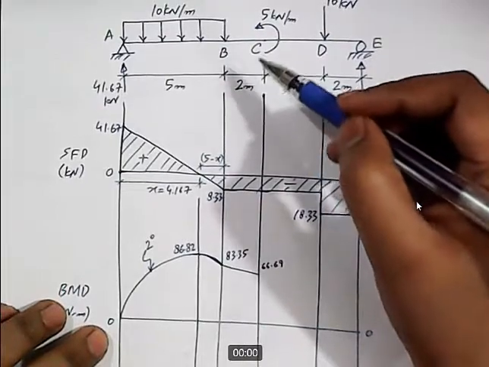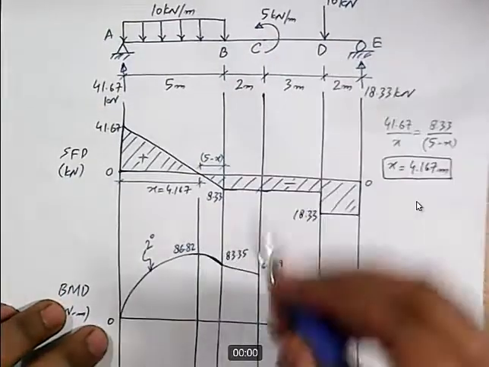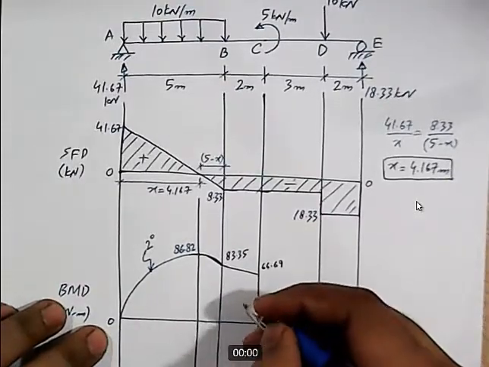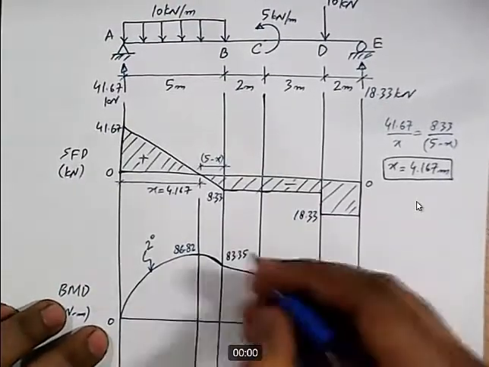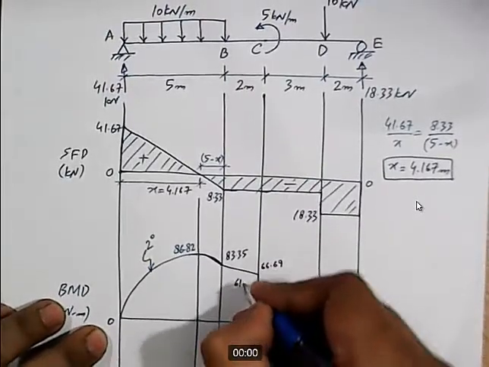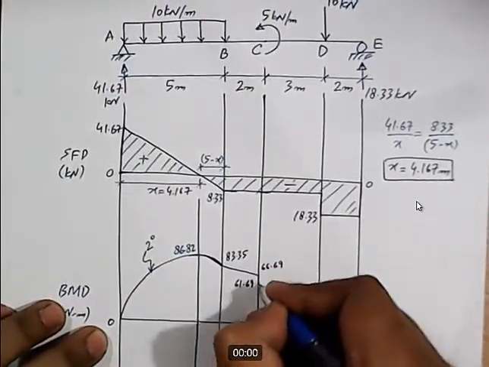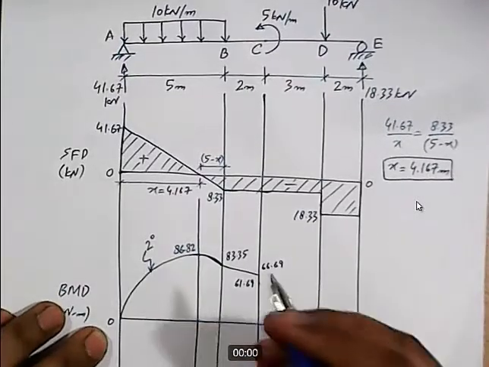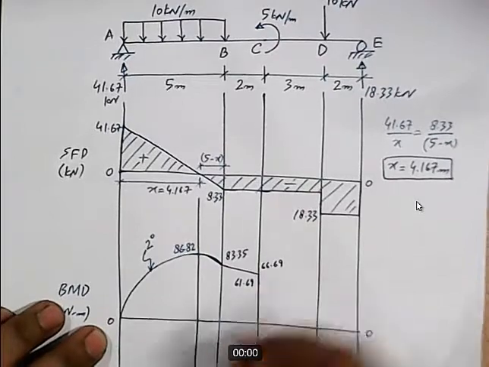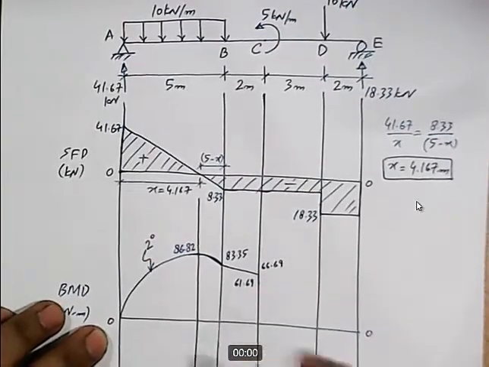So according to our convention, this is negative. So 66.69 minus 5 brings us to 61.69. I've written it inside the diagram. Preferably we should write it on the outer side, outside the diagram.